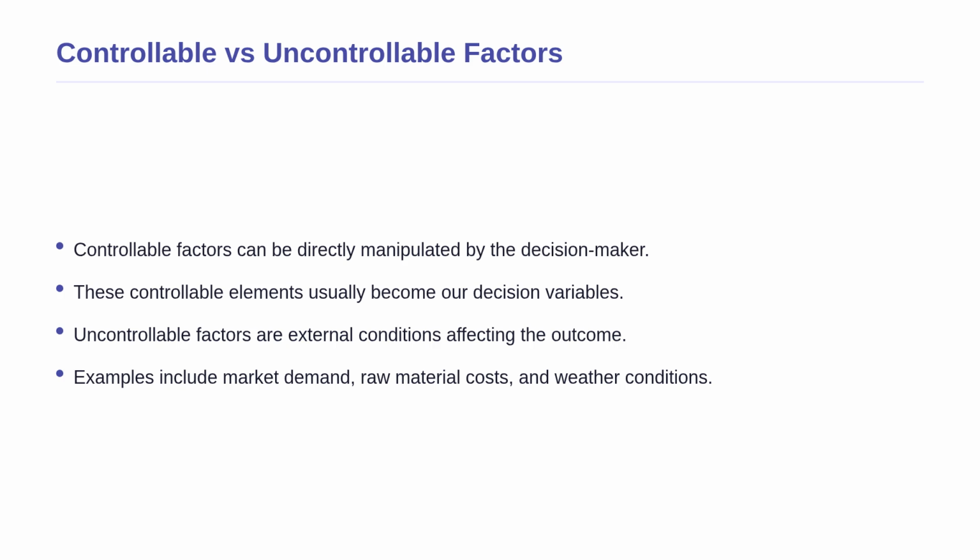On the other hand, uncontrollable factors are external conditions that affect the outcome but cannot be changed by the manager. Think of daily market demand, the cost of raw materials set by suppliers, or weather conditions. A good problem definition clearly separates what we can control from what we must simply accept and plan around.